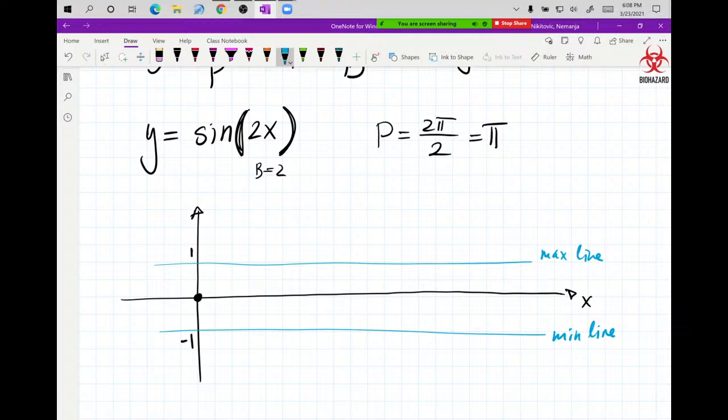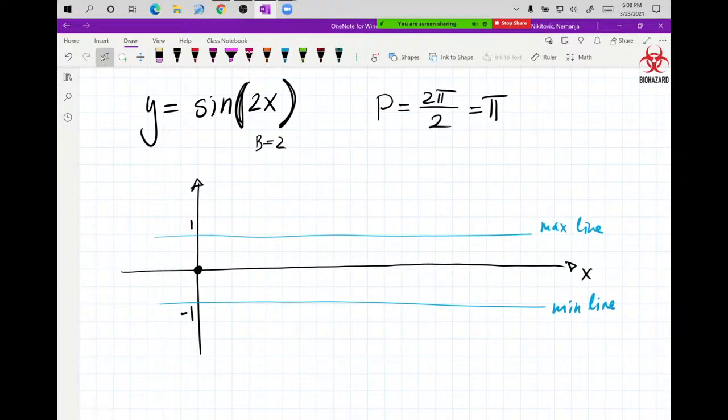All right, so now the period is pi. That means the entire function has to repeat its full cycle by the time it reaches pi. So if I have my divisions of pi over 2 and pi, oh, wait, that's where it has to end.